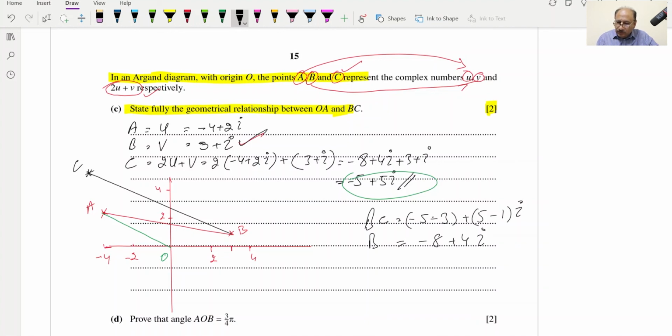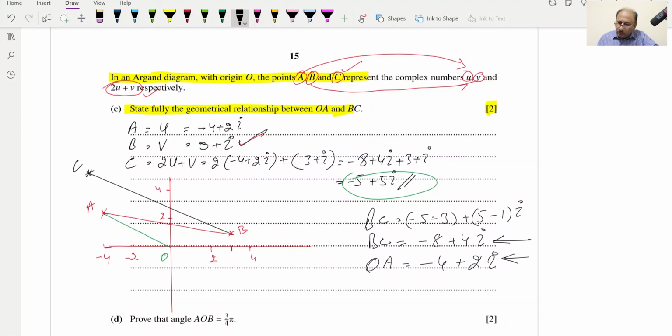Now we can find OA also, and OA is what we are already given, so -4 plus 2 iota. And if we check these two, they are multiples of each other and they have a relation.